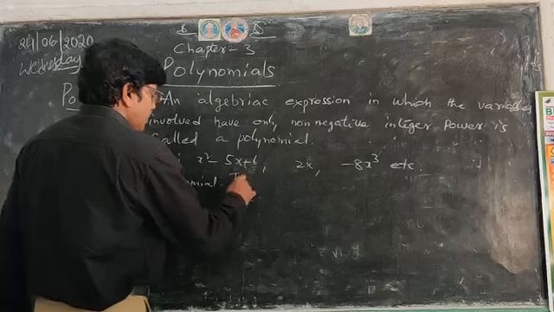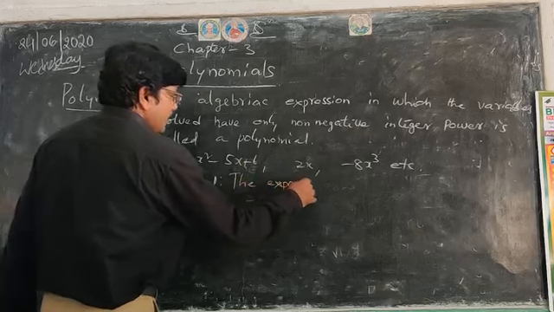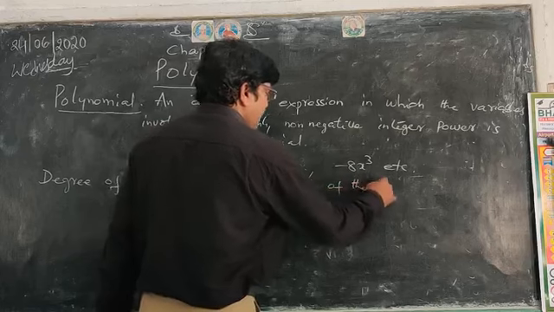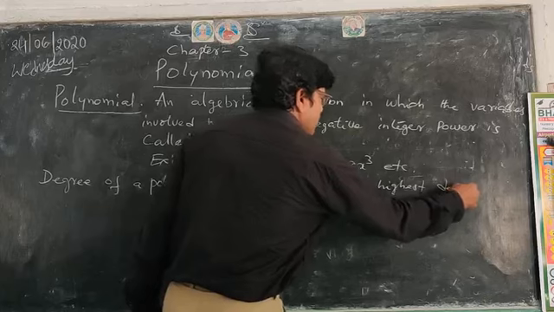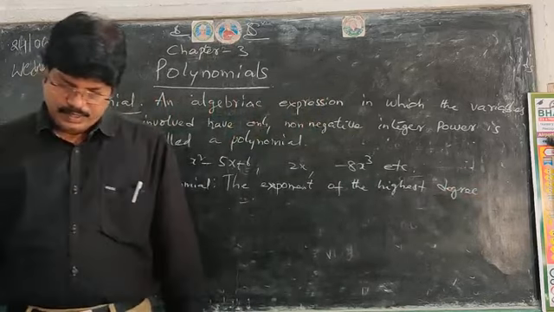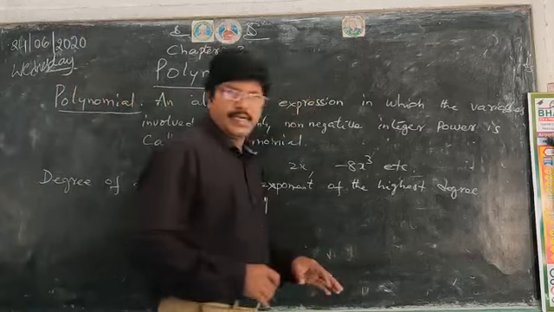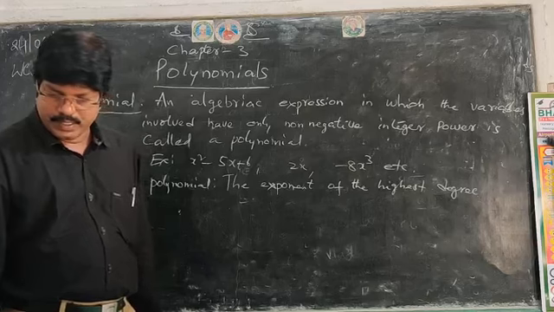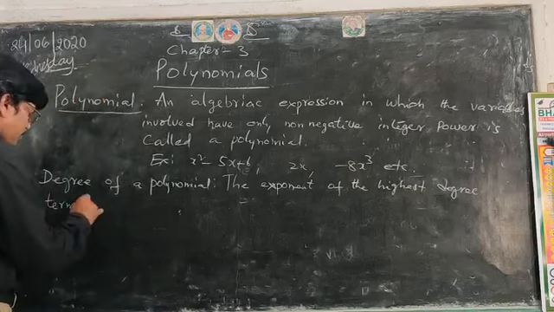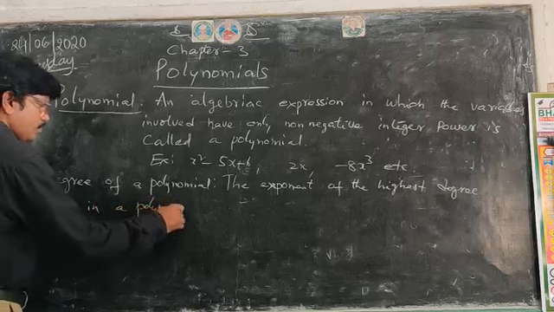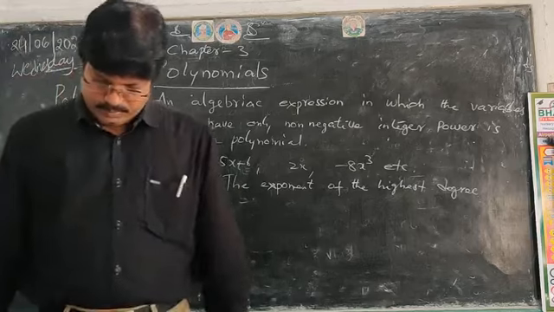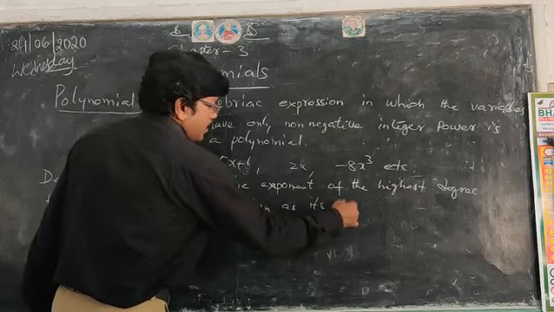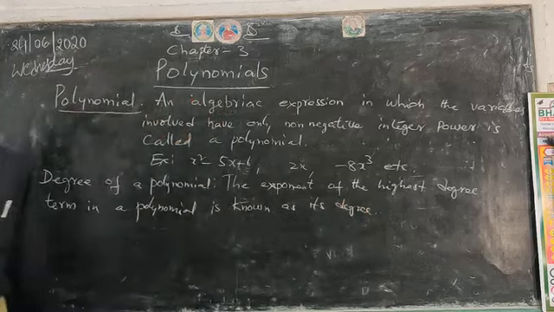The exponent of the highest degree term in a polynomial is known as its degree.